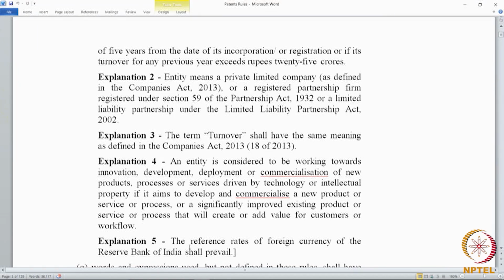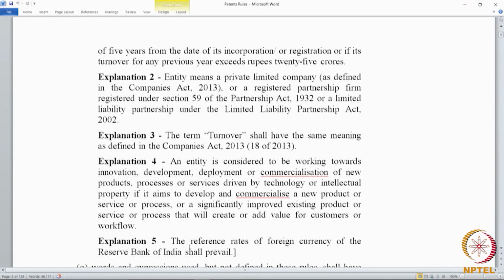Now, we saw this in a different language in the second exception, which said that undifferentiated products, processes will not be considered for granting status of a startup. Then if it is not commercialized, then again it will not have status of a startup, and limited incremental value or no value addition will again not be considered for status of a startup. Now, this is differently phrased.